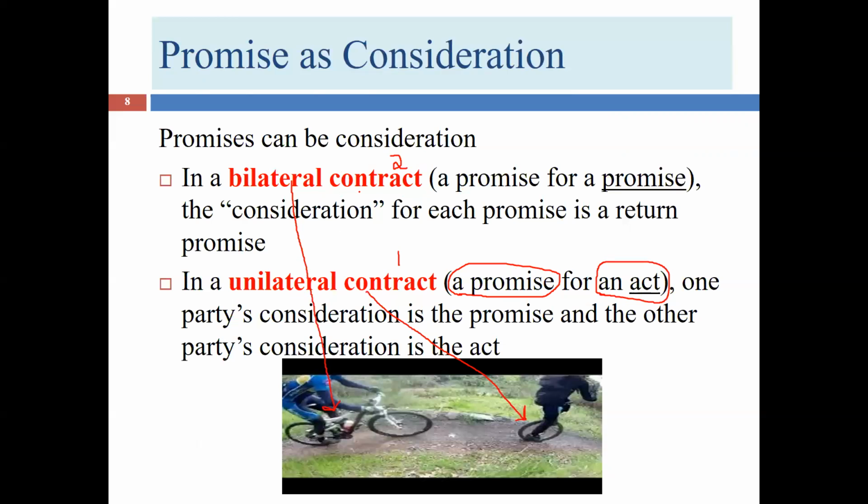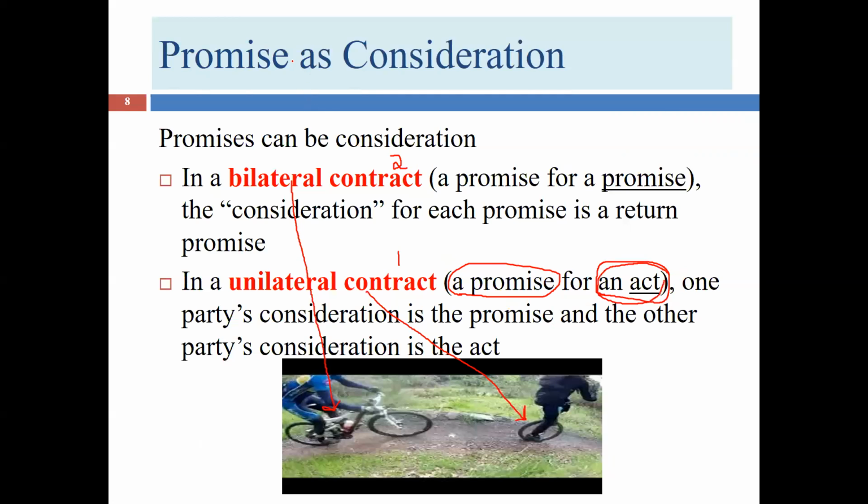I come back and say, wait a second, I don't want a bilateral contract. I'm all about the unilateral contract today, so I reject your proposal of a bilateral promise for a promise contract. I want a unilateral contract. The only way you can accept my offer is by handing the Coke over, by completing the act. If you do that, you've accepted my contract, and I will give you the $1. So that is how that can work.